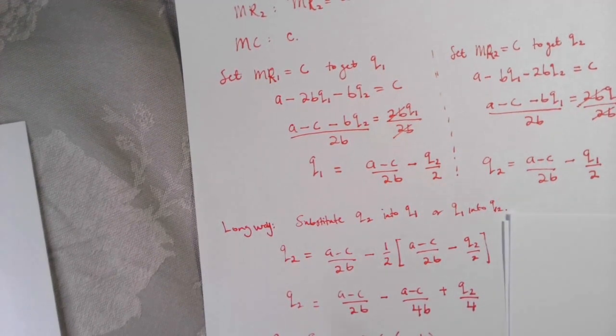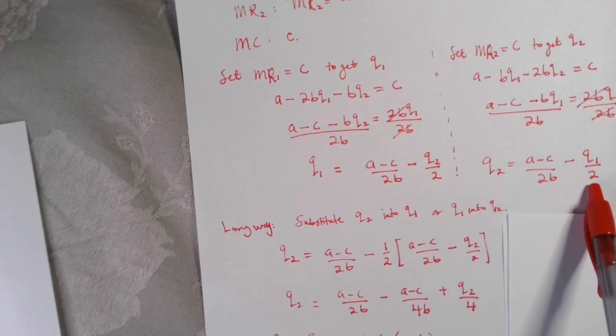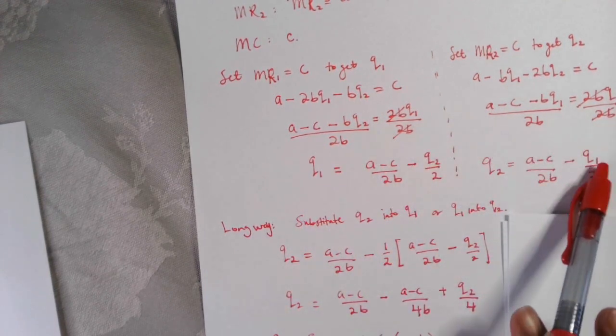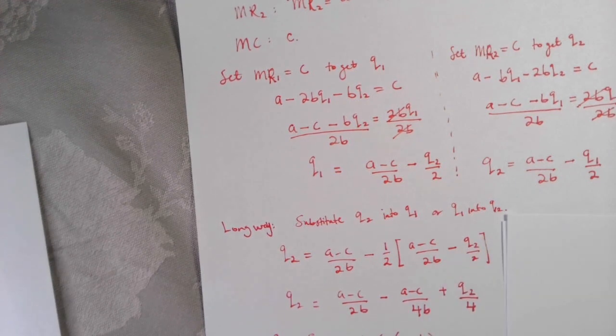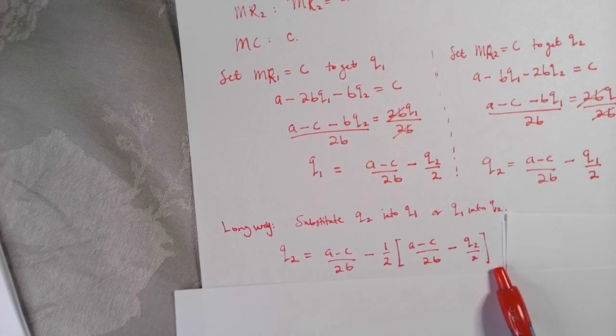Say I substitute into Q2, Q1, right? So this was the Q2 equation. See, it had Q1 over 2, right? So I substitute whatever I have for Q1 in there, and I wrote it this way. So let's cover this bottom stuff for now and just focus on here. It's just neater to write it this way and then follow up with the calculations.